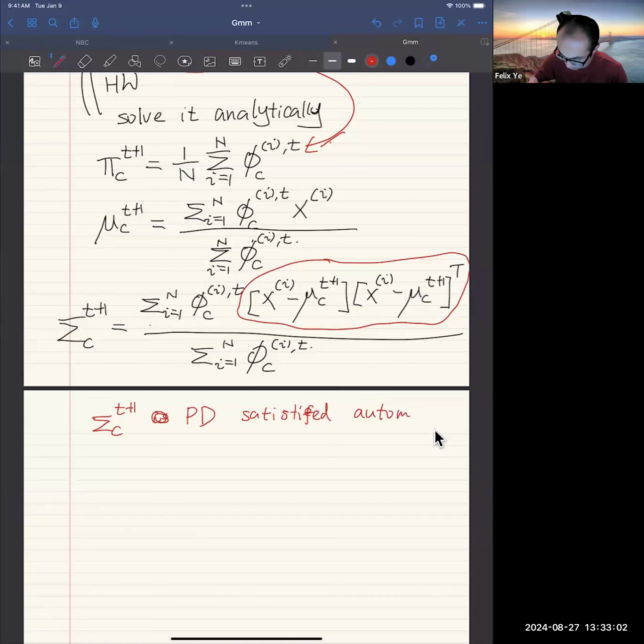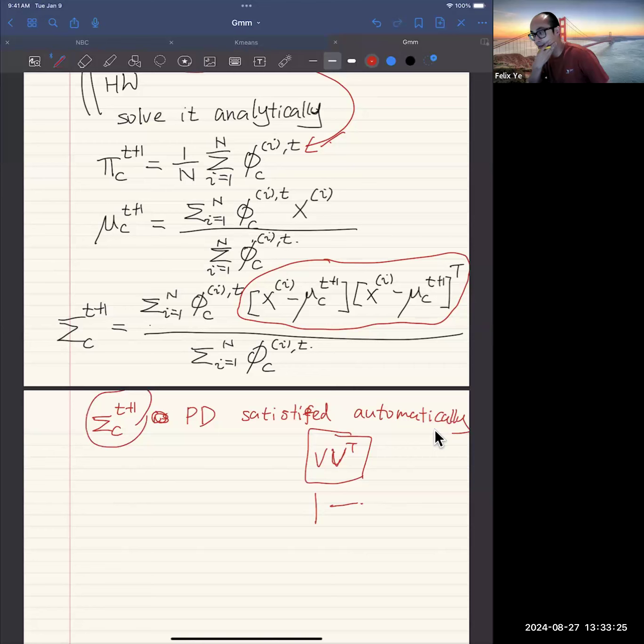It's because we have a v v transpose structure right here. v is a column, v transpose is a row, and v v transpose automatically becomes a positive definite matrix. So we don't need to worry about whether this constraint is satisfied or not. The beauty of the EM algorithm is that all these constraints are satisfied automatically.